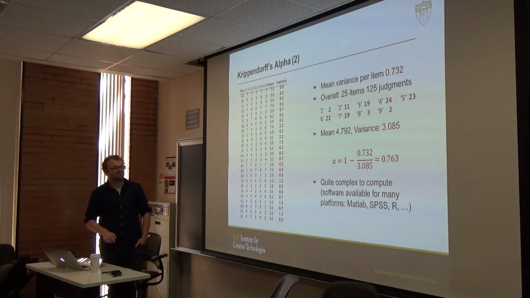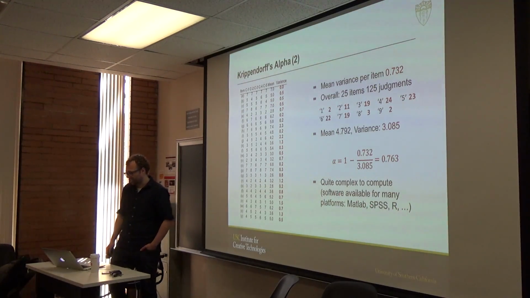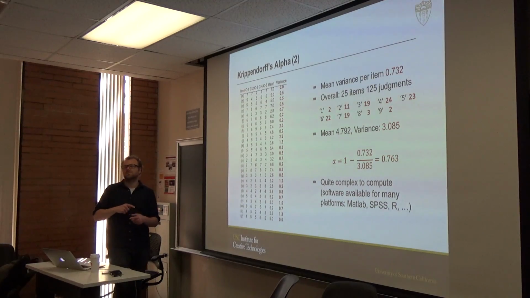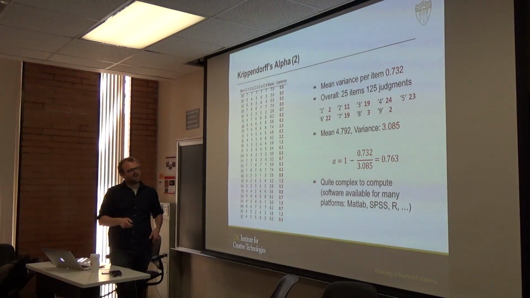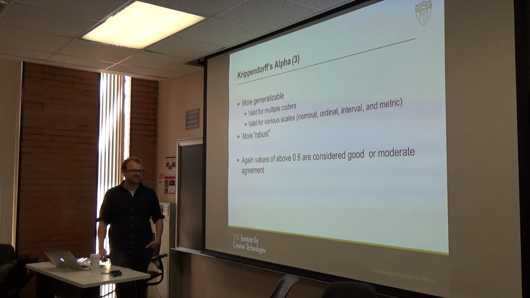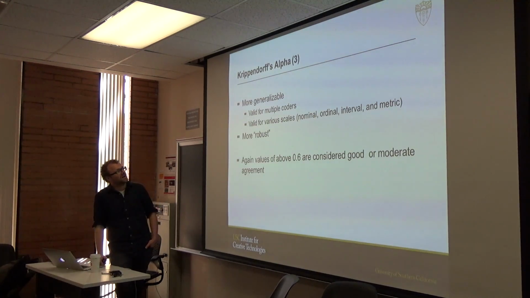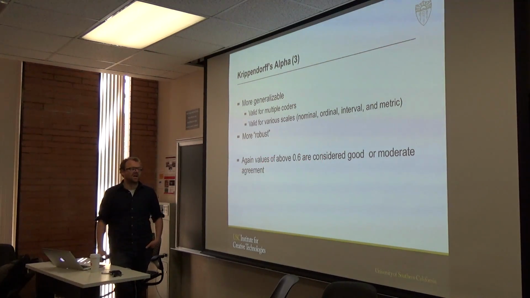It's not super easy to code because you need to allow for missing values and so on, but there is code available for Krippendorff's alpha in MATLAB, SPSS, and R. You can consider alpha values greater than 0.6 as good agreement that you can use in your studies.